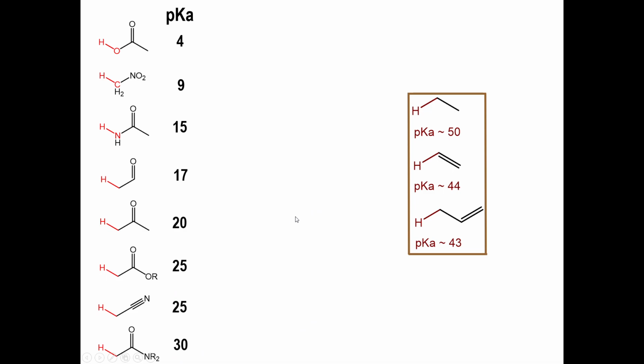And for full context, just to highlight how drastically more acidic these CHs are, notice that if you compare it to a regular alkane, it's basically crazy, right? You have a pKa of 50 for your regular alkane, whereas these things are more or less in the 20s, if not the teens, for the pKa values.